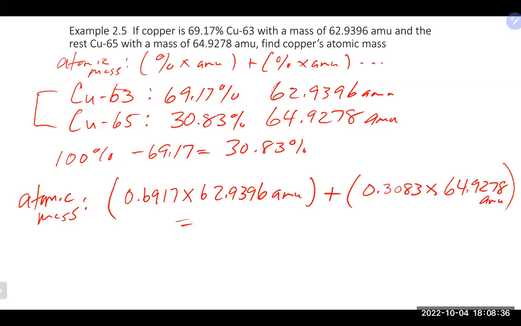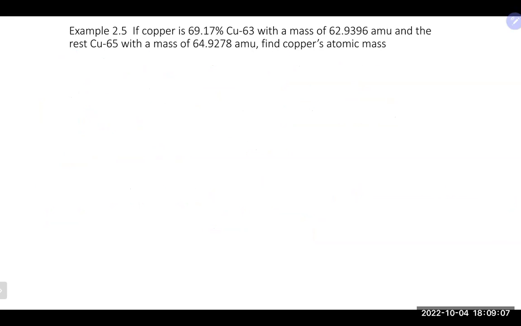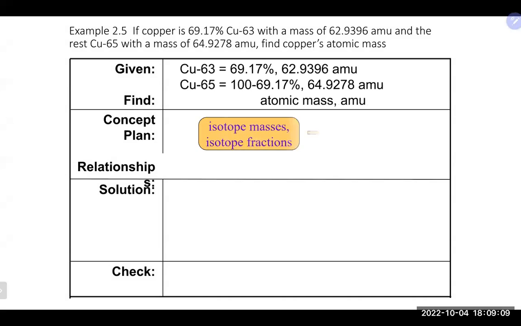And if we do all that, it's about 63.55 AMU, which is pretty much what you see on the periodic table underneath copper. Any questions on that calculation?